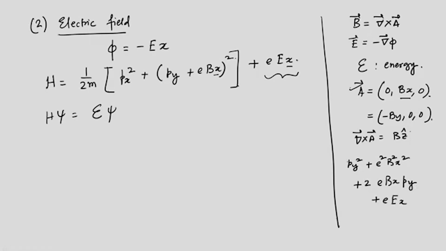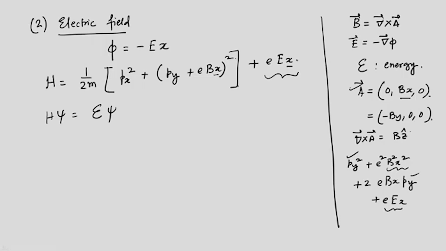So you see there is a Py square, there is a term which is linear in Py, and of course these are constant terms. And if you look at it the other way, there is an X square and an X, and these are constant terms as well.